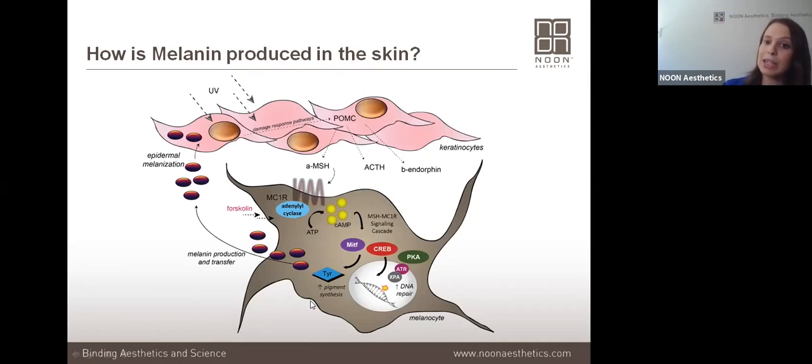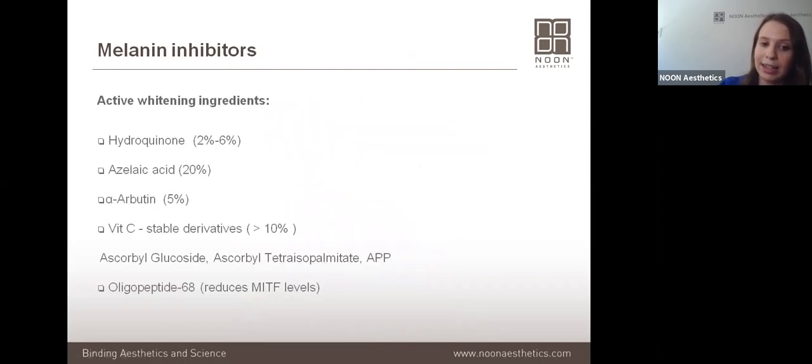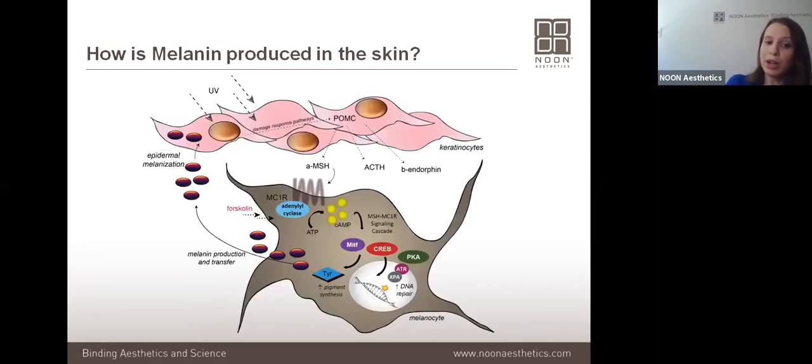And as I mentioned, the oligopeptide 60H is reducing the MITF levels. So each one of them is doing a different inhibition, and this is a very complex process.